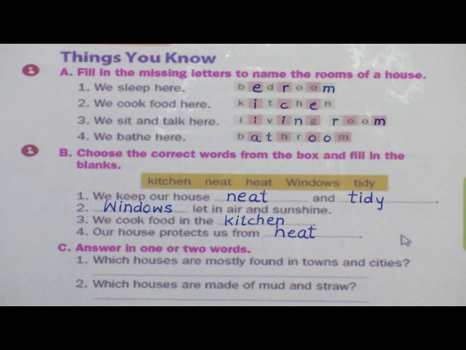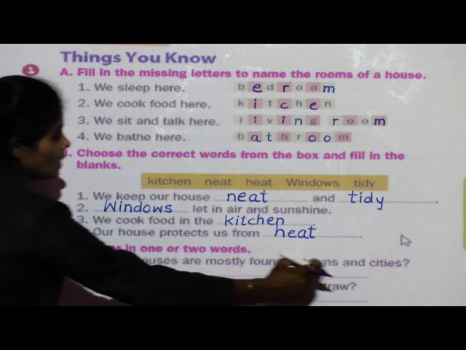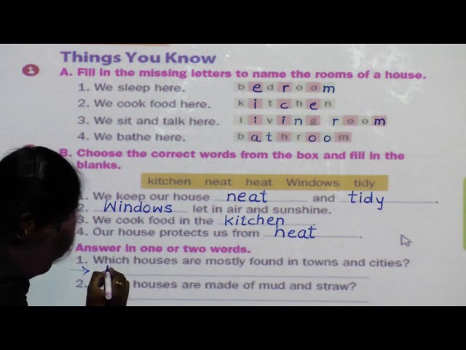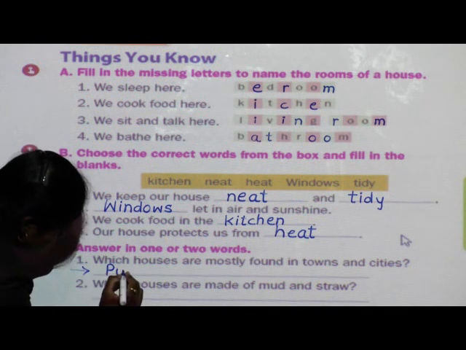Pakka house or kacha house? Yes, the houses which are strong and which are made of bricks, cement, glass and steel are known as pakka houses. Correct. So where do we find pakka houses? In towns and cities. So write here pakka houses.